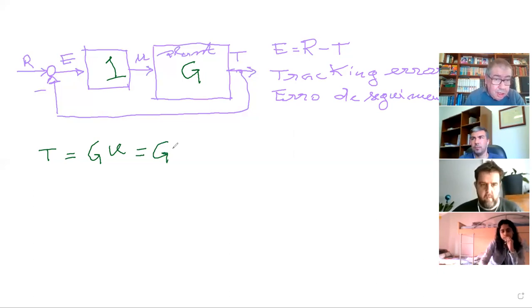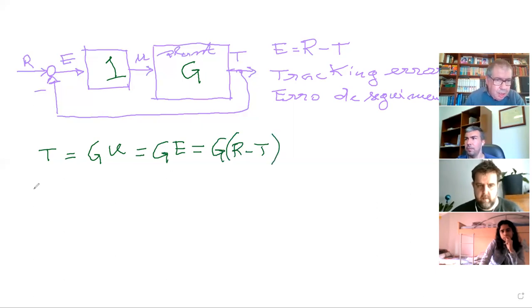So this is G times E. But now, what is the relation between E and T? There is a relationship: R minus T. So you have that T is equal to G(R minus T).